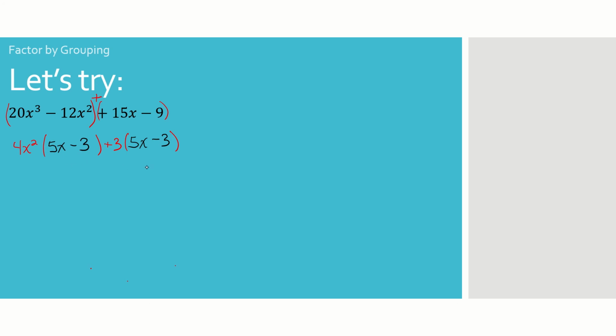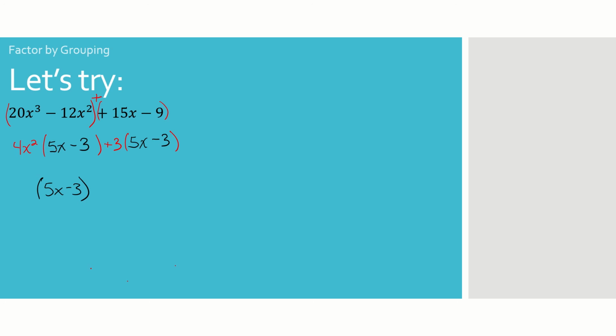So that is a clue to me that I am on the right path. They should match like that. So I'm going to take those two and write them once. I'm going to write 5x minus 3 in parentheses as my first binomial.